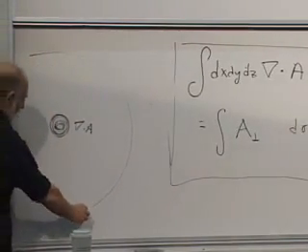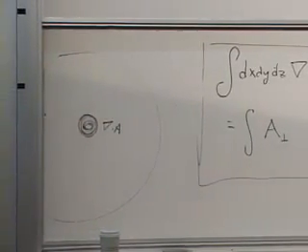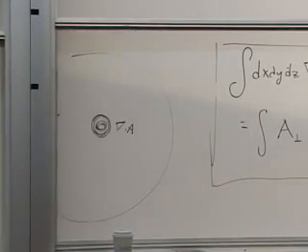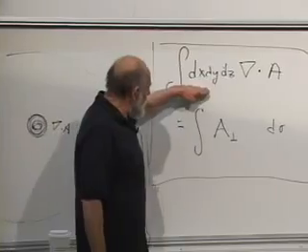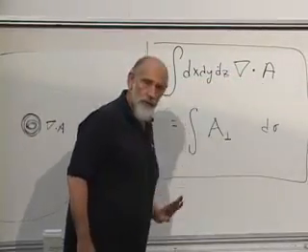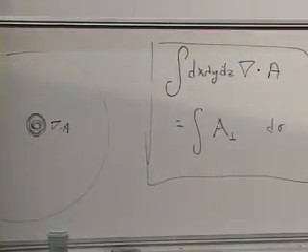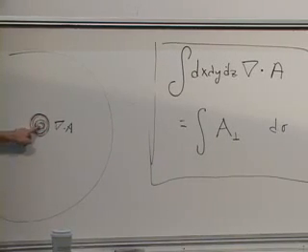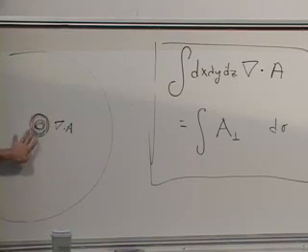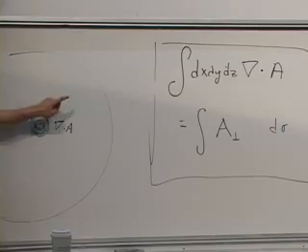And now we're going to use Gauss's theorem. First of all, let's look at the left side. The left side has the integral of the divergence of the vector field. The divergence is completely restricted to some finite sphere in here.